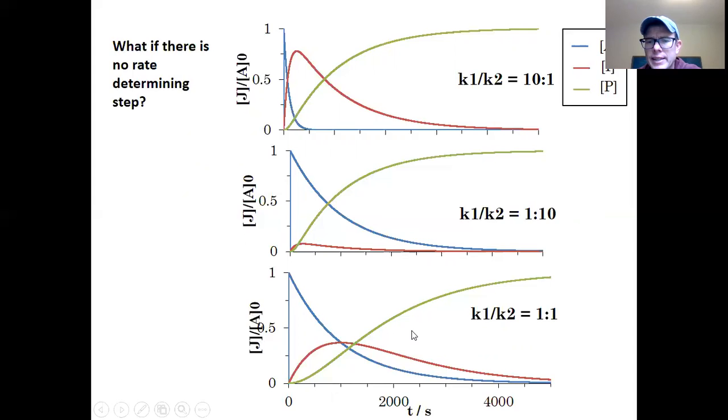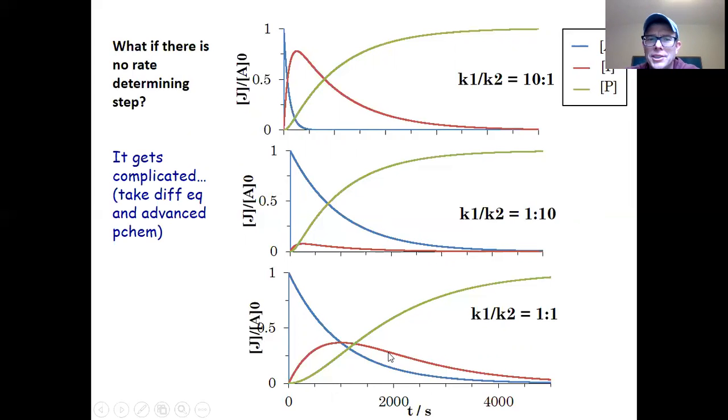And you can see in this scenario that the rate of product formation is different than either of these two. The intermediate is also clearly very different. So my general answer to you would be, it gets complicated. If you're interested in this kind of thing, take a DiffEq class, or possibly advanced PChem, and we can talk about how to solve these things. But it gets complicated.